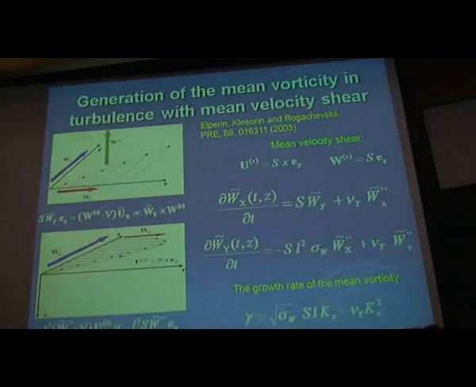And the physics of generation of vorticity is the following. Of course, we have the stretching effect due to the shear. Stretching produces the Wx component of vorticity from the Wy component. And then the effect of shear on Reynolds stresses causes Reynolds-stress-induced generation of large-scale vorticity, so the Wy component is generated from the Wx.